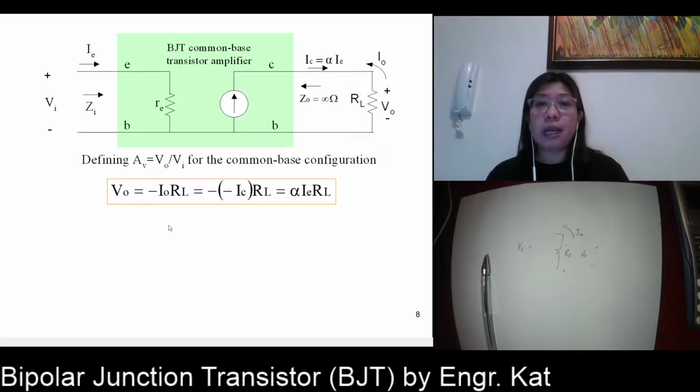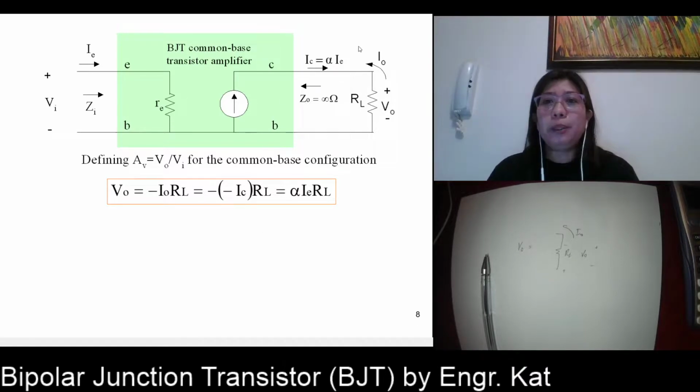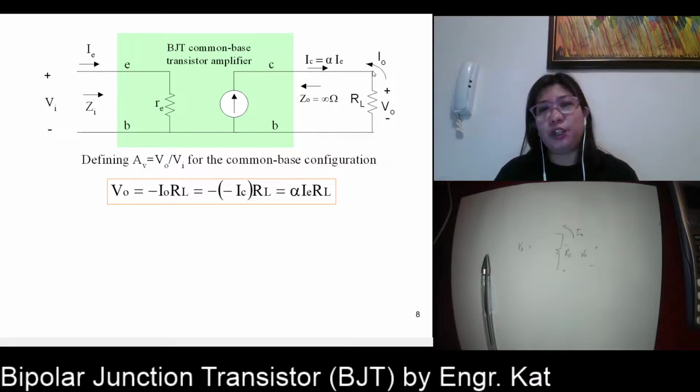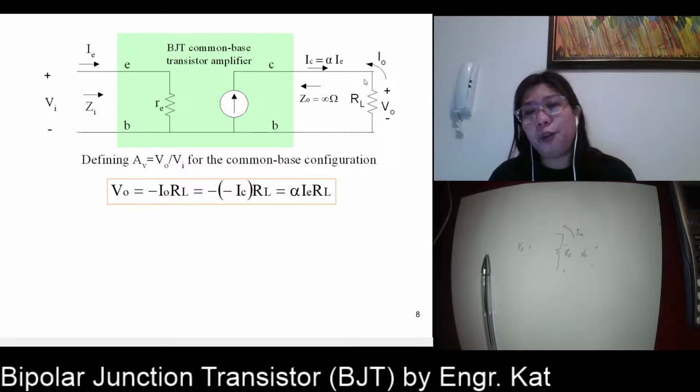Going back, what is IO? IO is also equal to IC, but they have an opposite direction. So we can represent IO as equivalent to negative IC. If they flowed in the same direction, we wouldn't have a negative sign there.